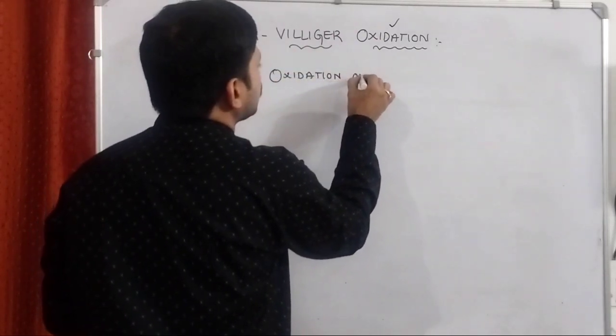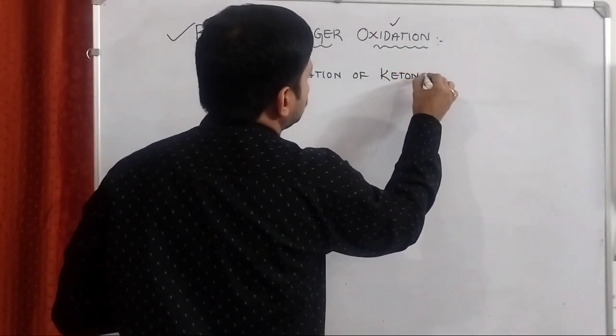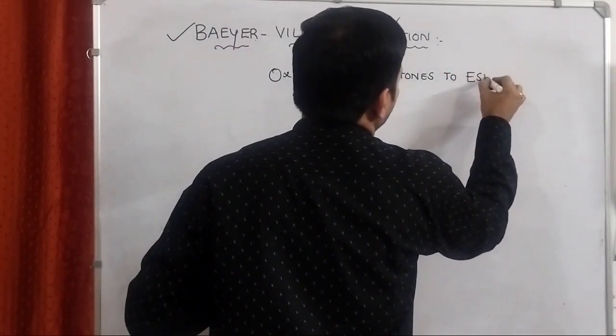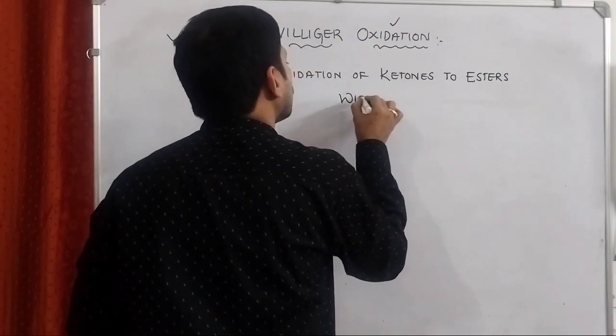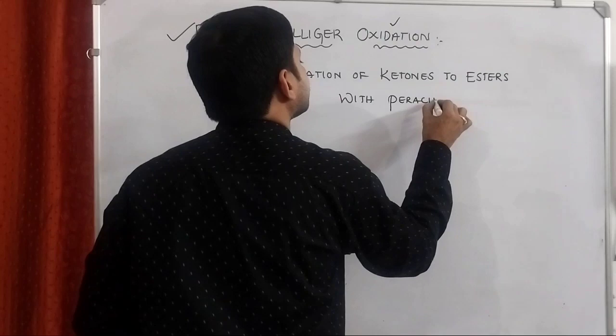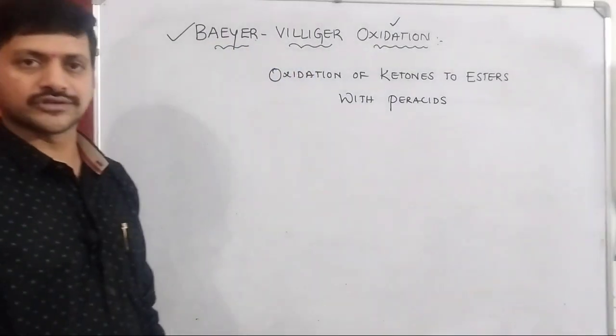Oxidation of ketones to esters with paracids, commonly called as Baeyer-Villiger oxidation.